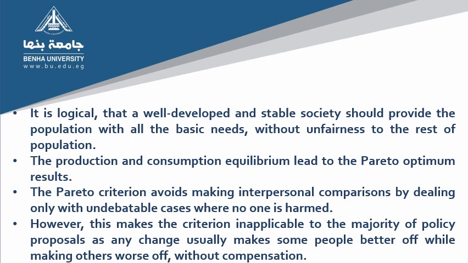The Pareto criterion avoids making interpersonal comparisons by dealing only with cases where no one is harmed. However, this makes the criterion inapplicable to the majority of policy proposals, as any change usually makes some people better off while making others worse off without compensation.